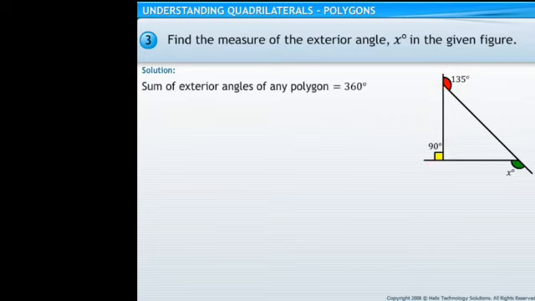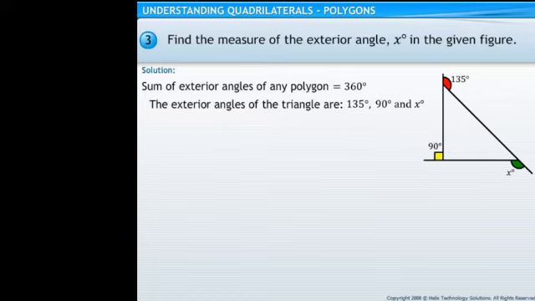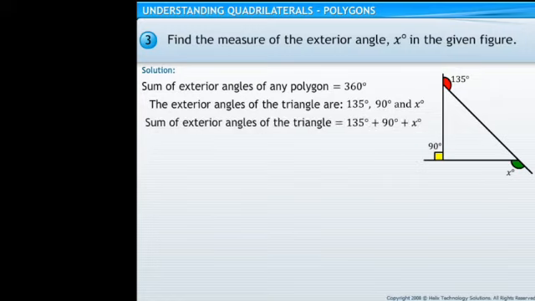We use the fact that the sum of the exterior angles of any polygon is 360 degrees. The exterior angles of the triangle are 135 degrees, 90 degrees and x degrees. Therefore, the sum of the exterior angles in the given triangle is as shown.